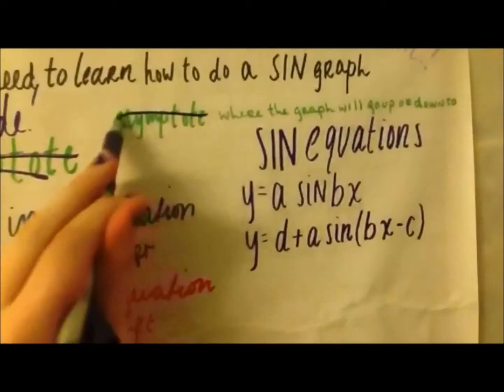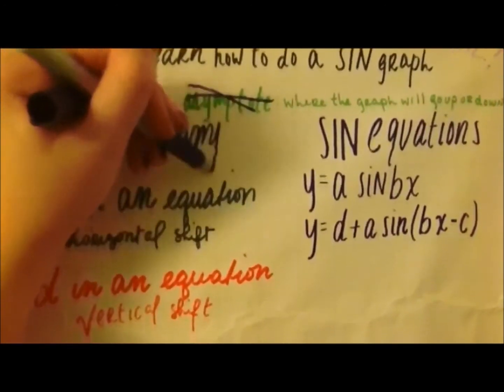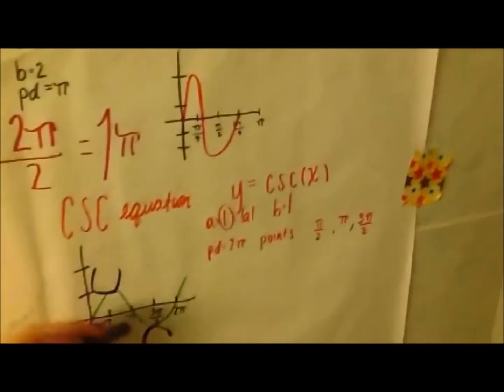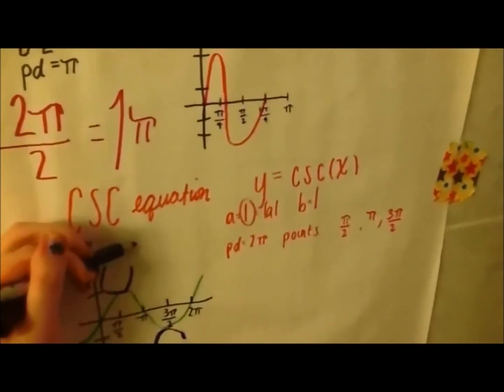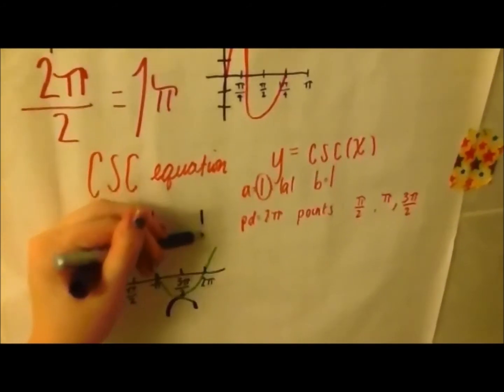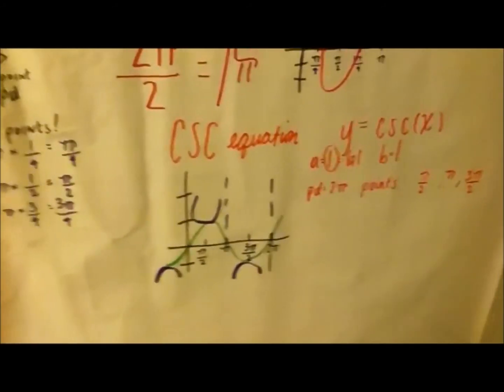And let me change that one, just so I don't mess up your brains. The asymptotes are very important here in your cosecant, to go in between wherever your little peaks and valleys go.